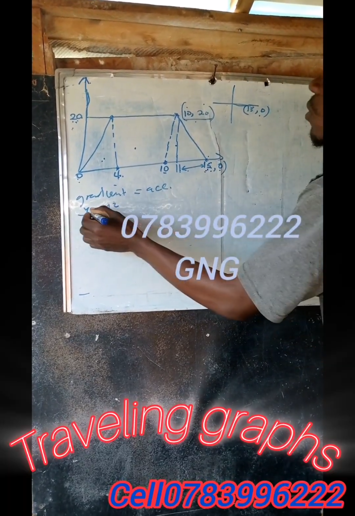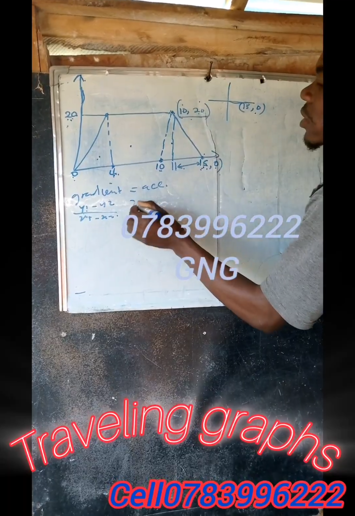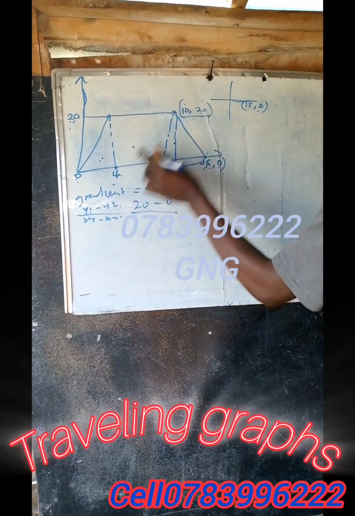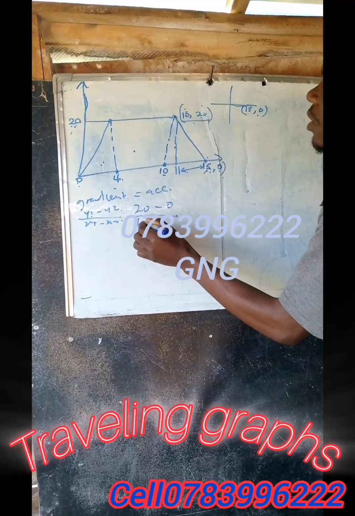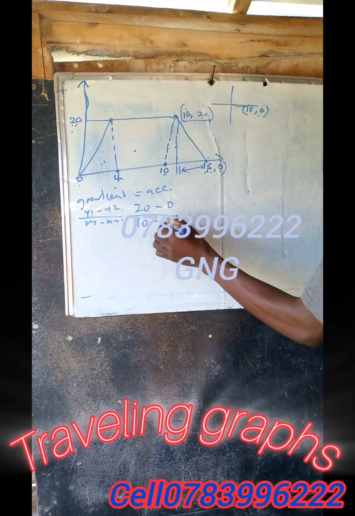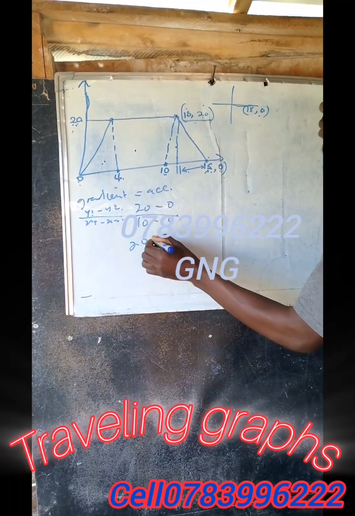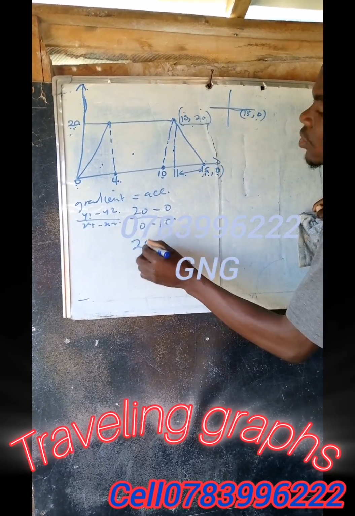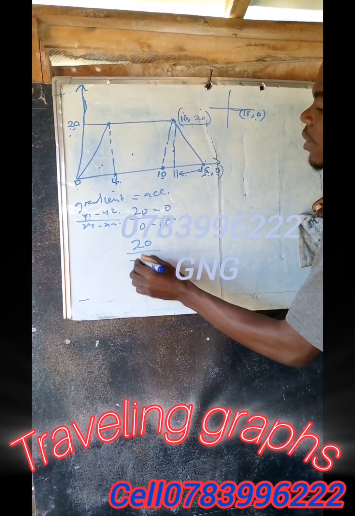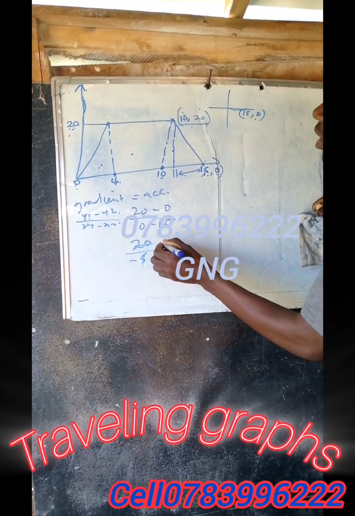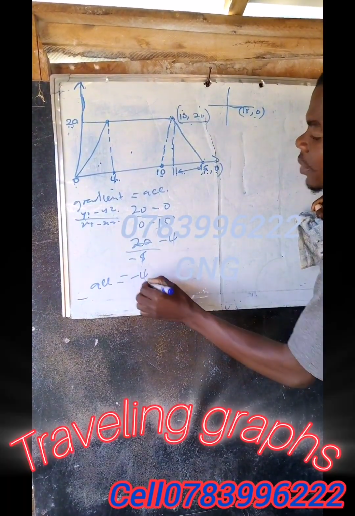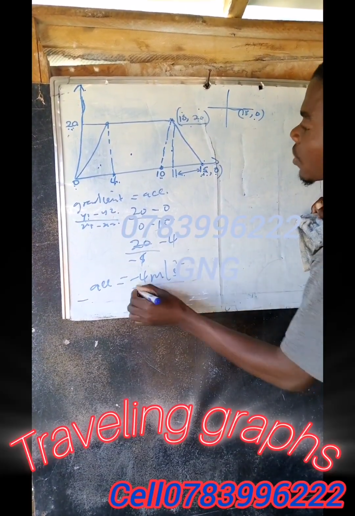So y1 is 20 minus y2 is 0, over x1 is 10 minus x2 is 15. So it will be 20 minus 0 over 10 minus 15, which gives minus 5, and we get minus 4. So the acceleration, or the gradient, is minus 4 meters per second squared.